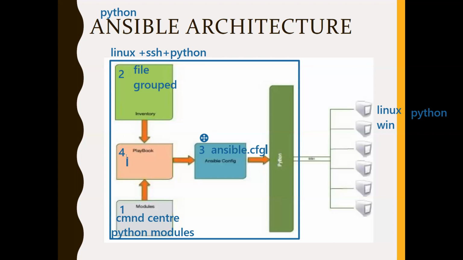And then comes another component called playbook. Playbook is the most important component in Ansible. A playbook is nothing but a YAML file, with the extension .yaml. Ansible files with the extension .yaml are nothing but playbooks.